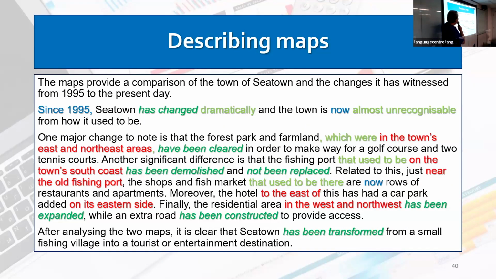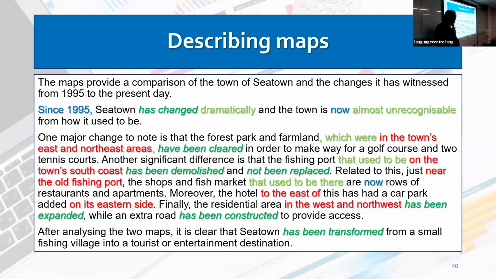So again, as you can see in the words in green, I'm using the passive voice to talk about what actions were done. But because the doers of these actions are not important, I omitted them. I only focused on the action itself. So I'm using the passive voice.